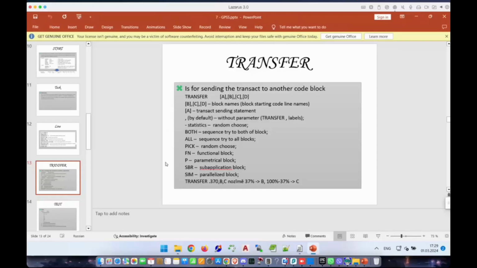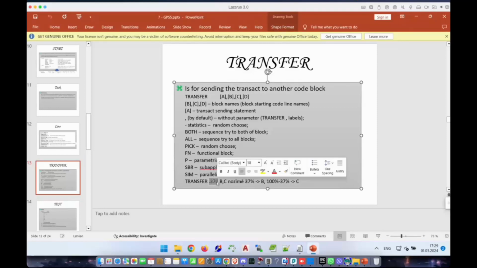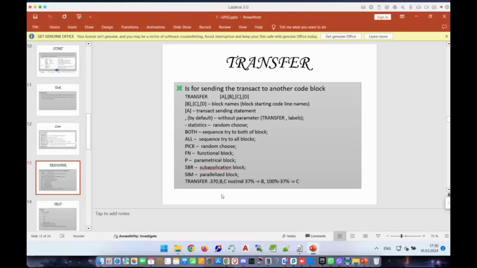For example, if we have filled B and C, that will mean that in 37% of cases the transact will go to line B, and in all the rest of the cases it will go to line C. If B is not mentioned, that means we're considering the next line. If it's empty, it means the next line. If it's not empty, it means the line whose name you wrote in the parameter.